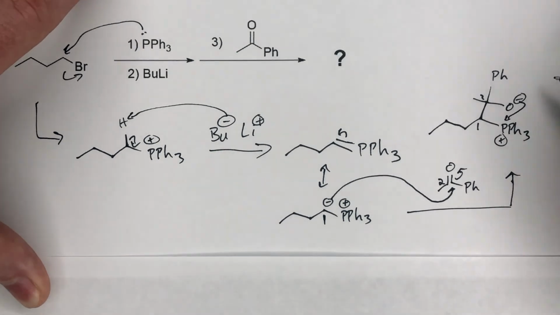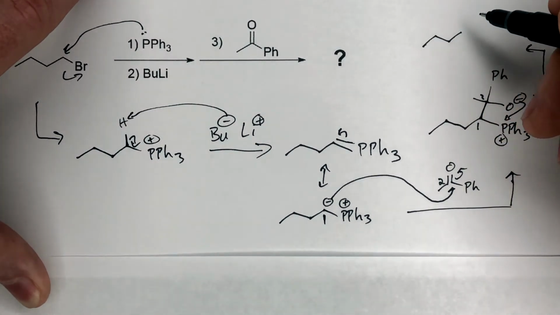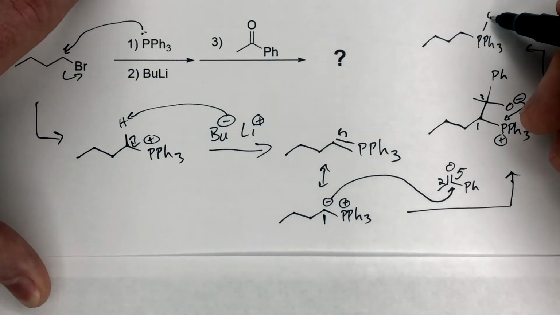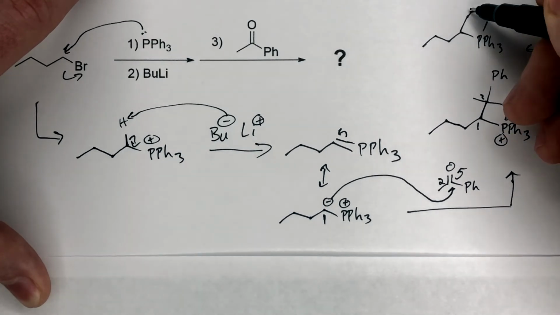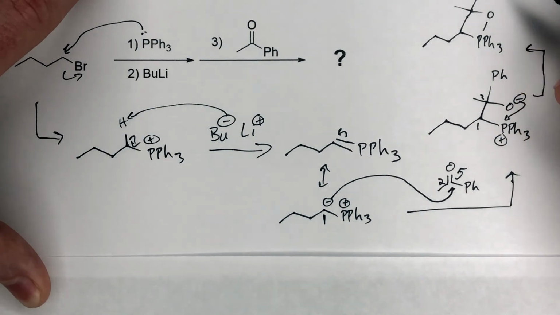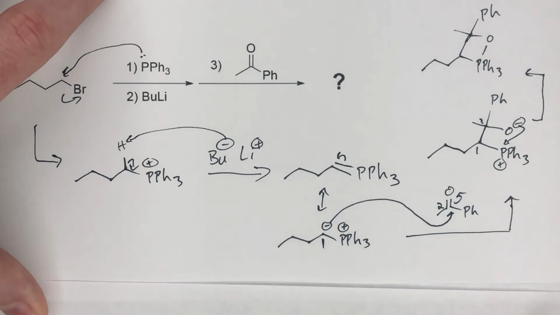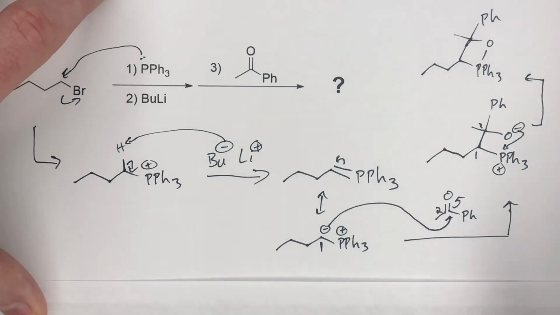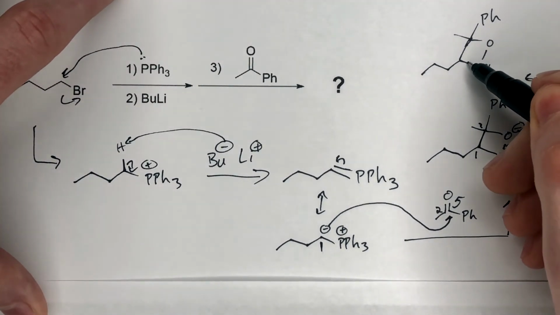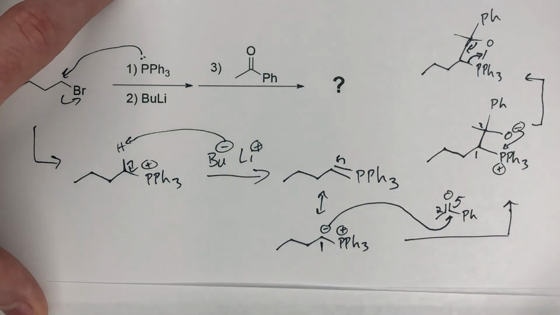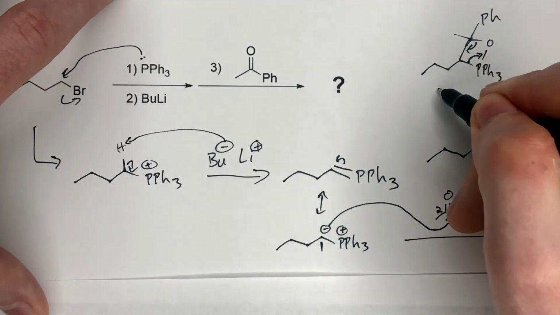These opposite charges are in very close proximity, so they're going to quickly attack like that. Again, remember that phosphorus can have this expanded octet, which is exactly what's happening here. Now, what happens is you cleave these two bonds simultaneously to form the pi bond, which is your final product.